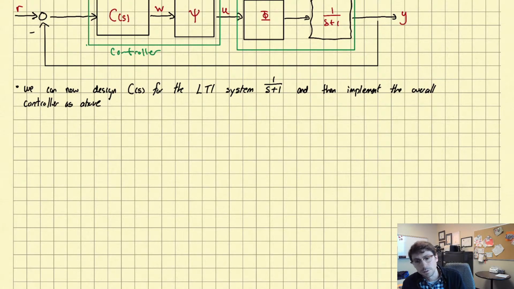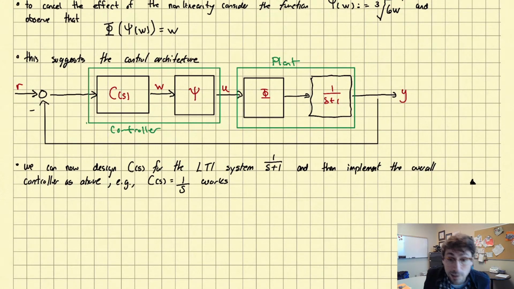Of course, you'd have to discretize and all that stuff, but you get the idea. That's the controller you want to implement on the computer. So for example, in this case, C of S equal to 1 over S works.